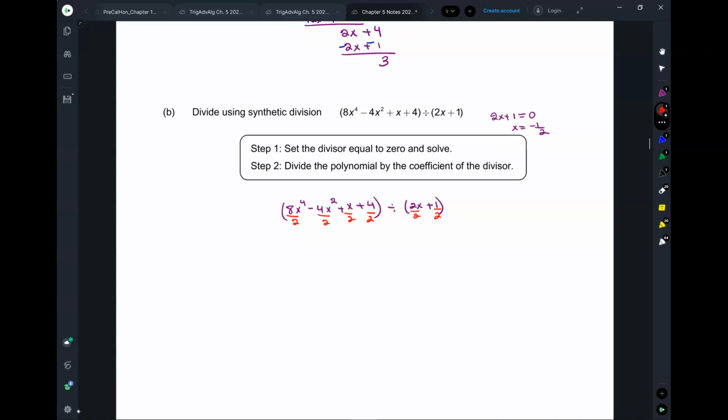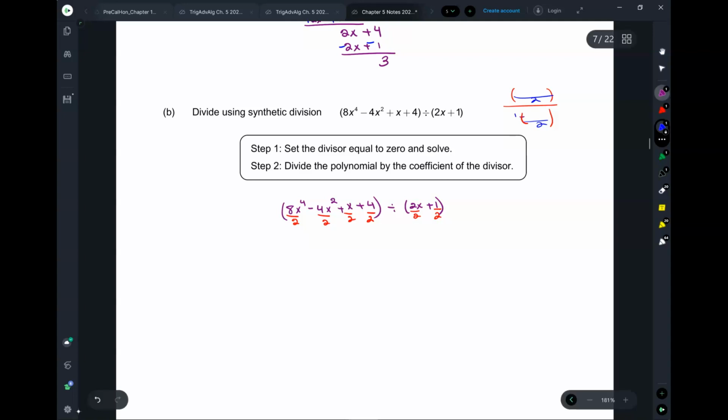Why do we have to do that? Because initially, this is like that first parenthesis over the second parenthesis, right? Well, if I divide this by 2, that won't work. I have to do the same thing to the numerator as well, right? Otherwise, I'm changing the problem.